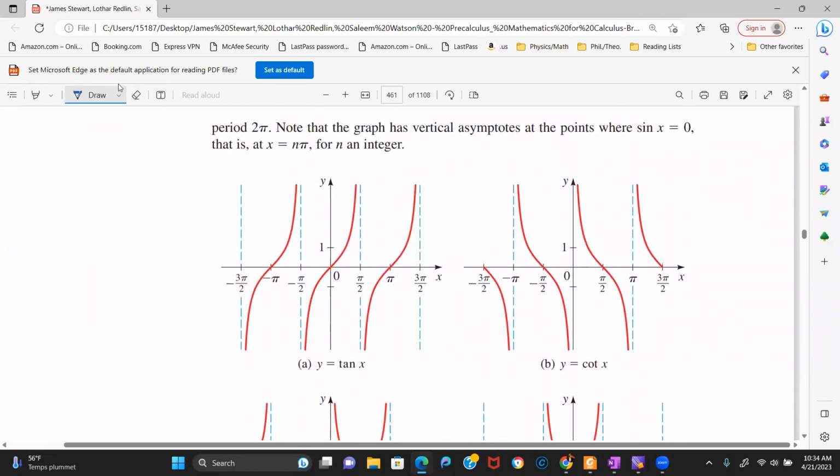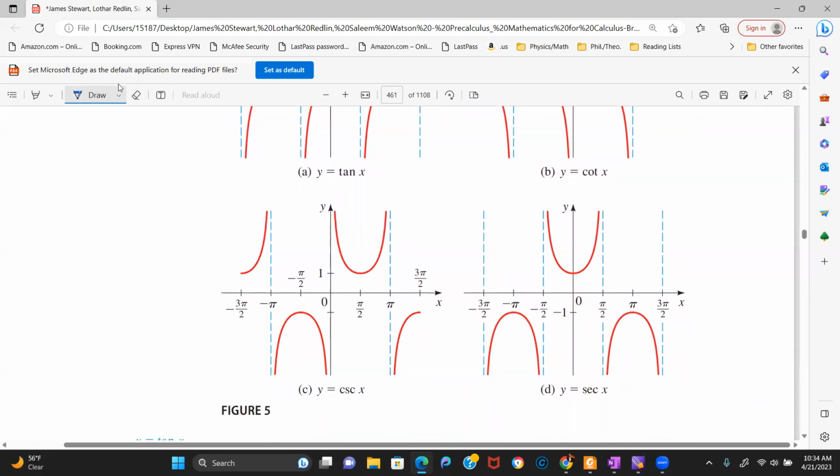So here's tangent plotted over more intervals. We just plotted tangent from this point right here to this point, but you can see it just repeats. We didn't go through all the details, but we saw the graph of cotangent plotted from this point to this point, but the shape just repeats.